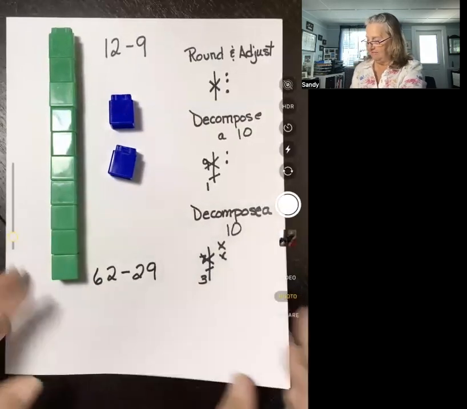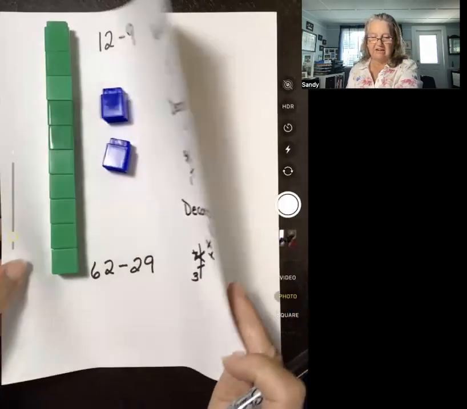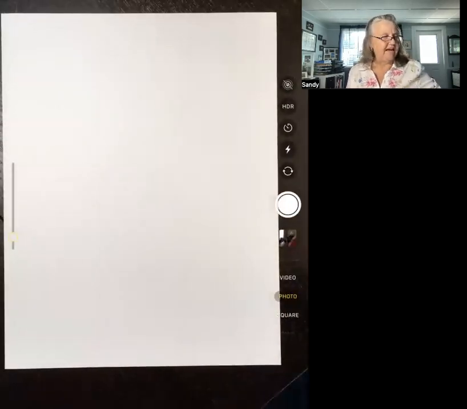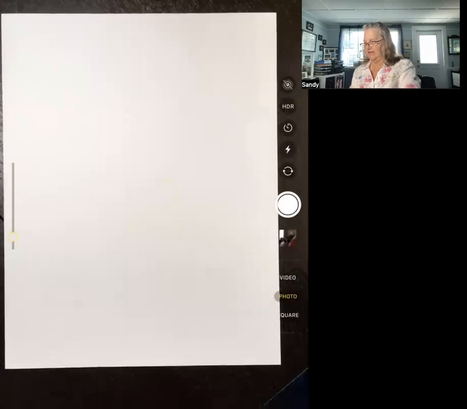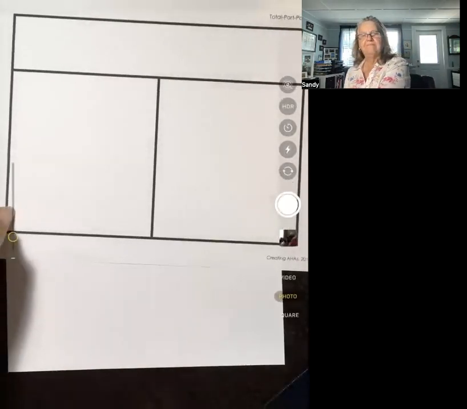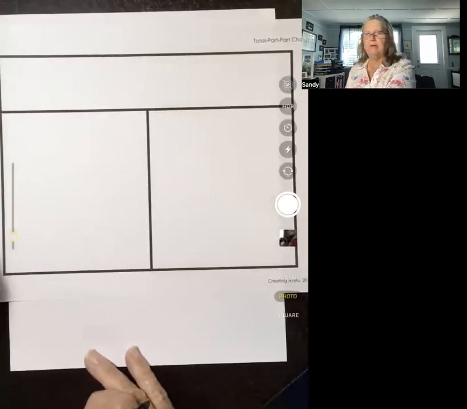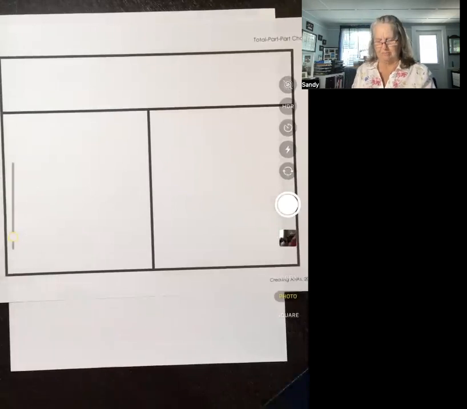Another strategy that we have is called a counting up strategy. And with the counting up strategy, you may see your children use a tool, I'll call it a part total chart, or a total part chart. I'll use both names.